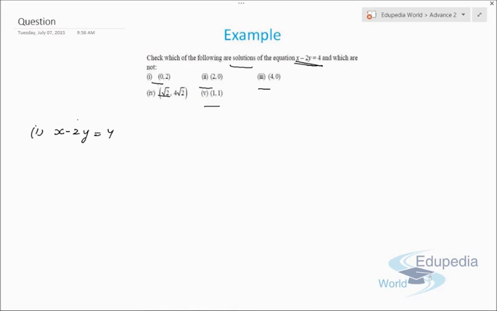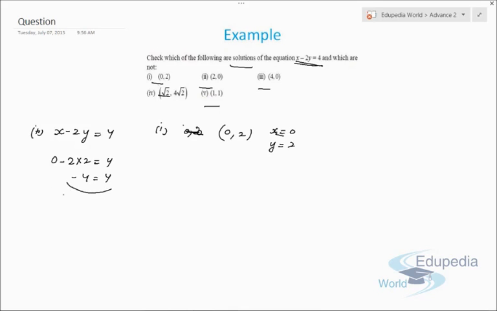Now if we check the first solution as 0 and 2, we have X as 0 and Y as 2. If we put these values of X and Y in the equation, we get 0 minus 2 into 2 equals 4. So minus 4 equals 4. We can clearly see that this is not a solution of the equation.